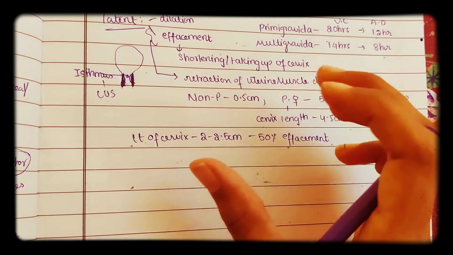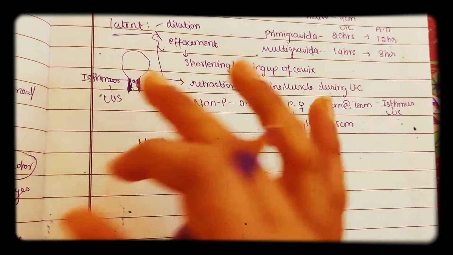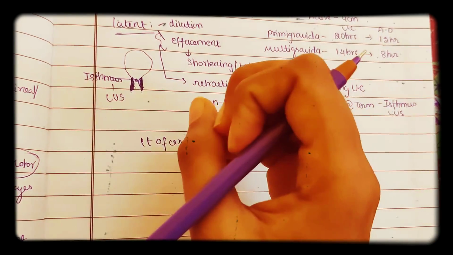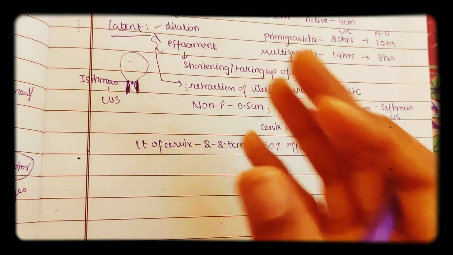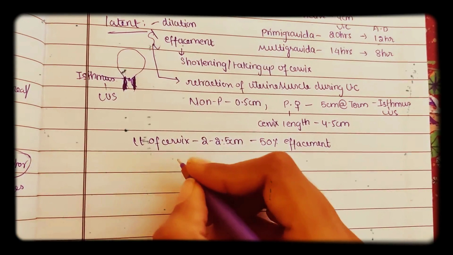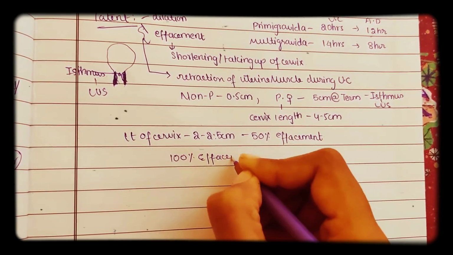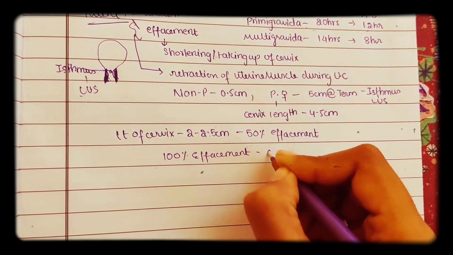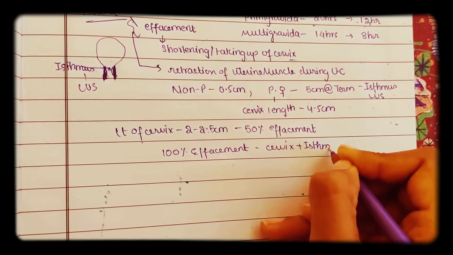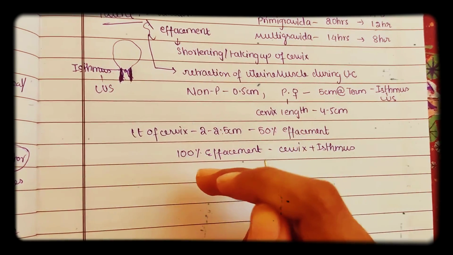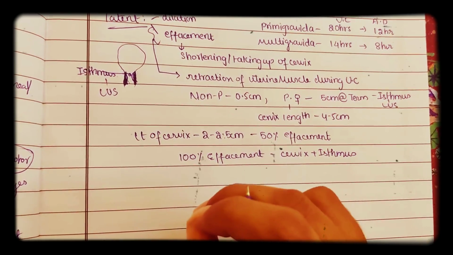If no cervix is palpable, then you can say it is 100% effacement. Effacement, as we already discussed, is nothing but the cervix getting mixed with the isthmus. They both look like a single organ whenever there is 100% effacement. 100% effacement means the cervix and isthmus have completely merged into one another. And 50% means the length has dropped to 2 to 2.5 centimeters.